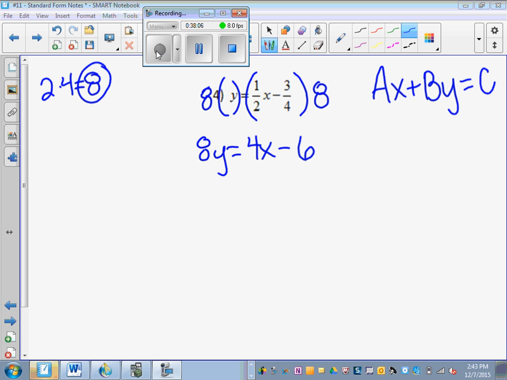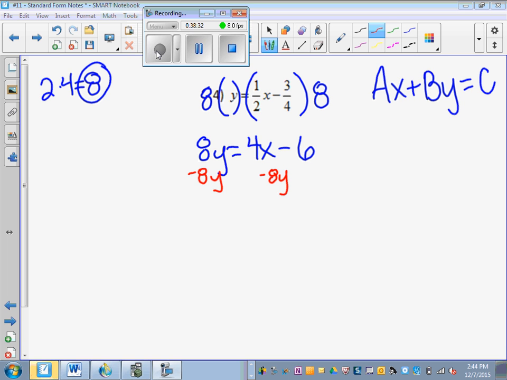Yeah, so we've got a couple of options here. Sultan, you with me? If we move our 4x over, then it becomes negative, right? Let me show you something else you can do. Instead, let's move my y and my 6 over. Everyone watch, and then you can write down. I want to keep my 4 positive, so I'm going to subtract my 8y.